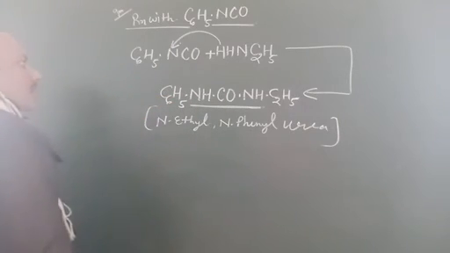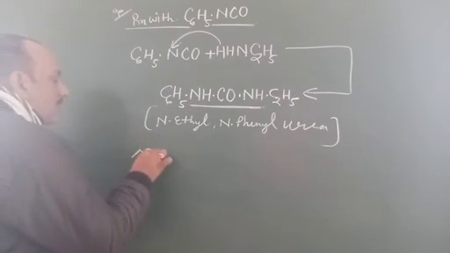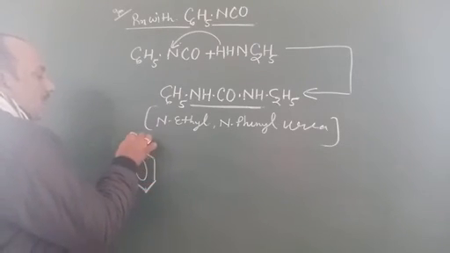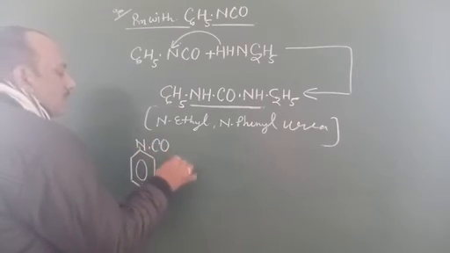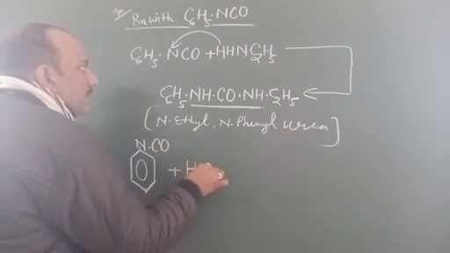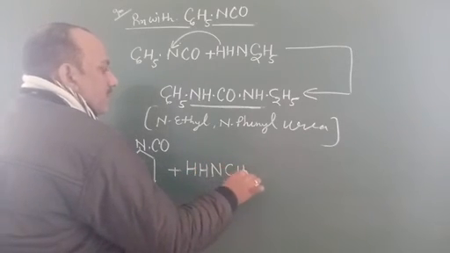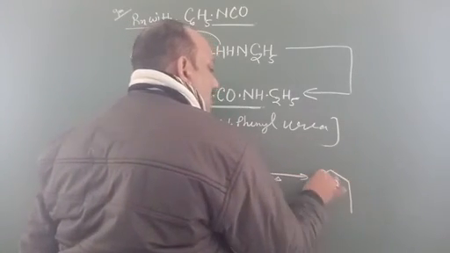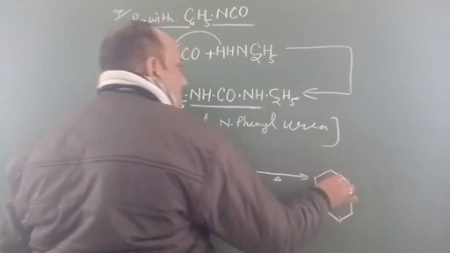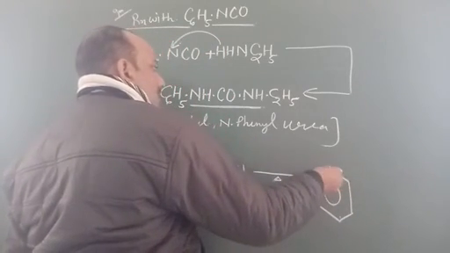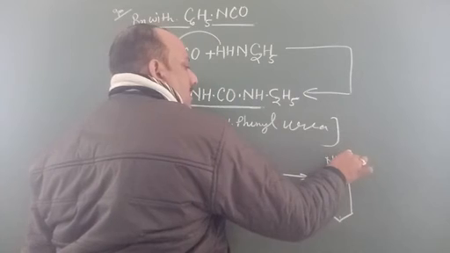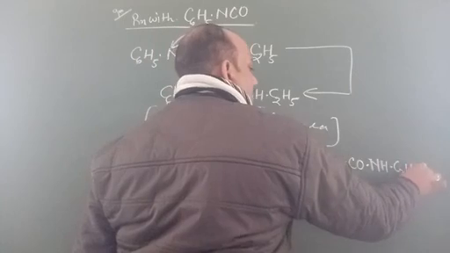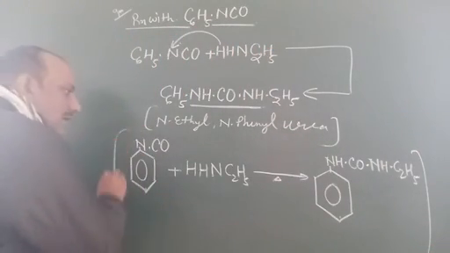Another way we can show this reaction in structural formula: C6H5NCO plus C2H5NH2 gives C6H5NHCONHC2H5.